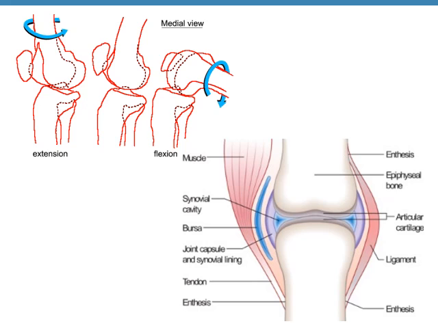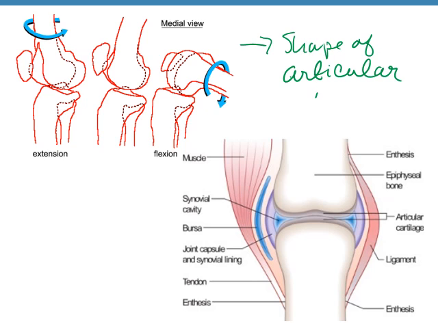Here are two figures that are going to help us explain the last slide. So we talked about the shape of the articular cartilage. I think I said structure in the last slide.